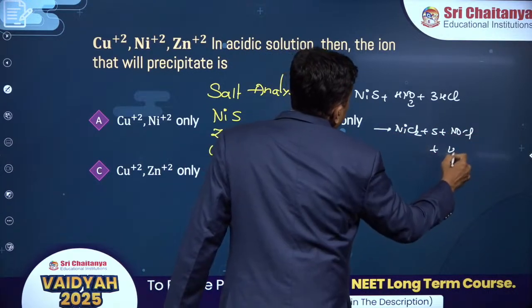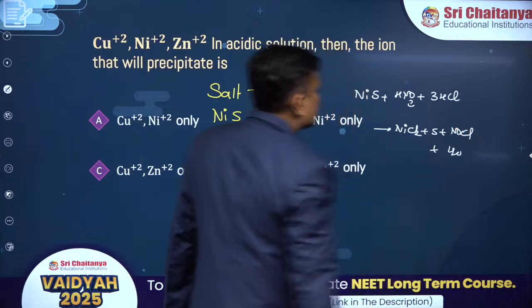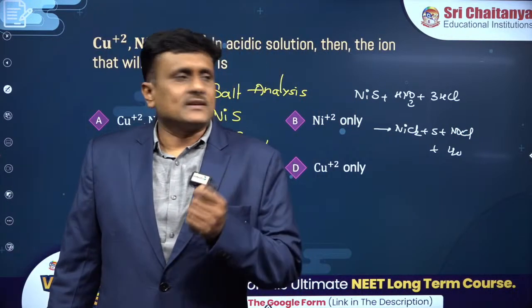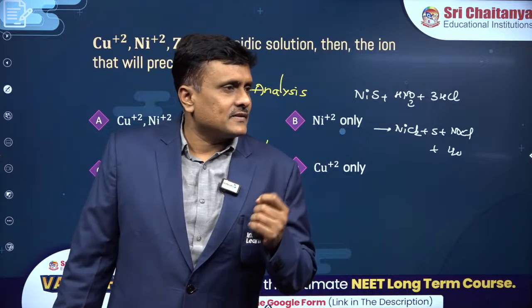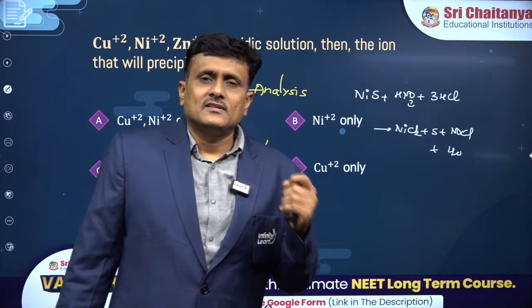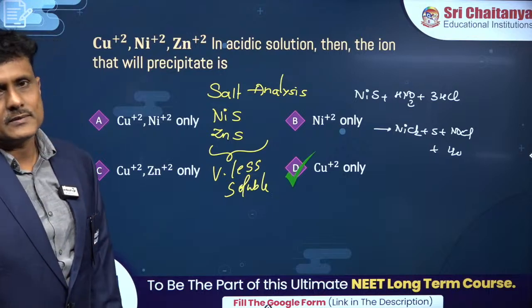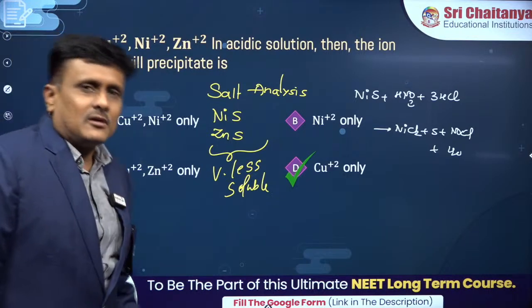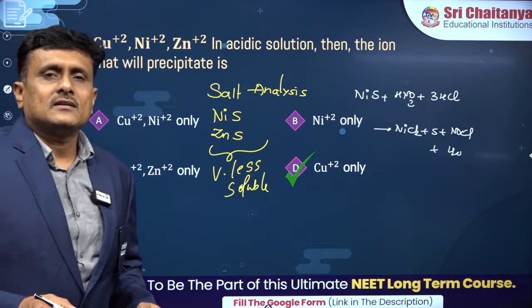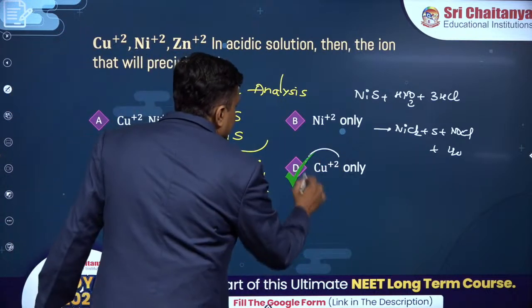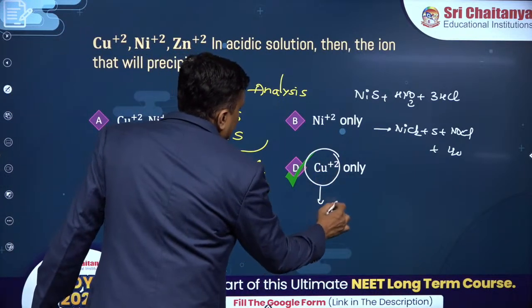So, this clearly tells you the story that the precipitates formed by nickel and zinc are difficult to dissolve. So, the only option left is copper. The copper salts are easily soluble in water for the reason that Cu2+ is stable in water.